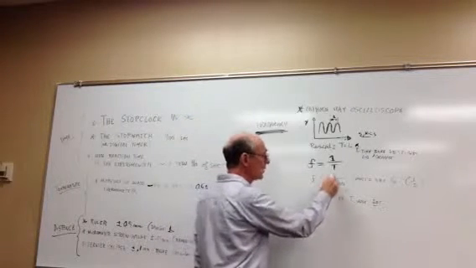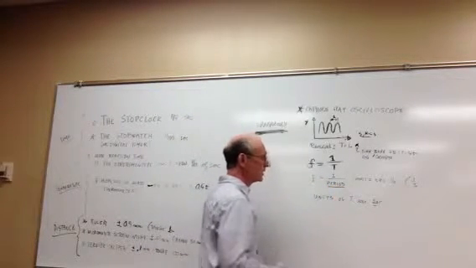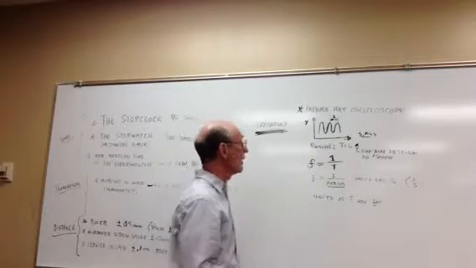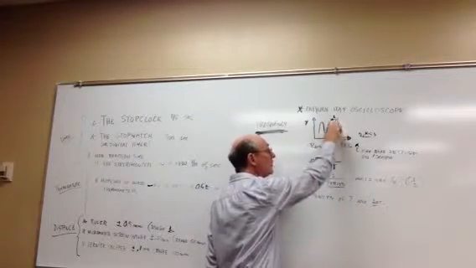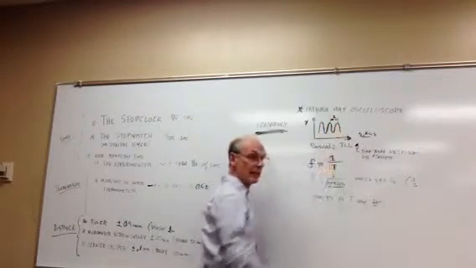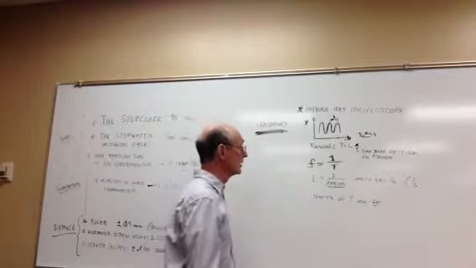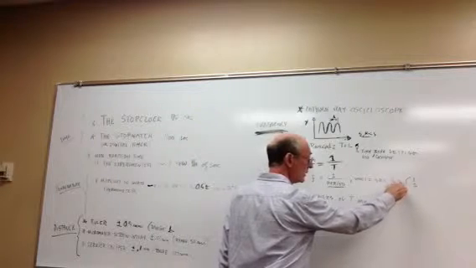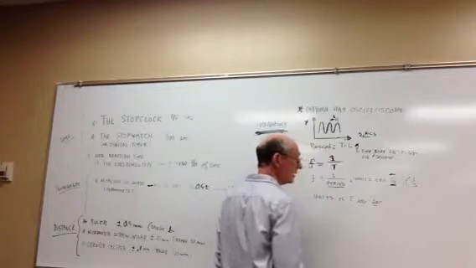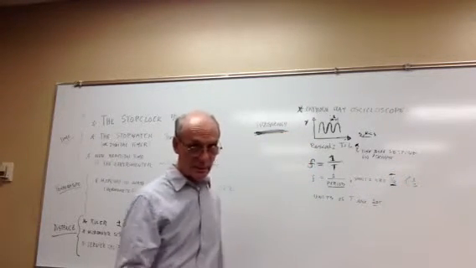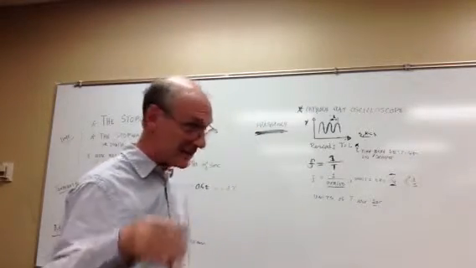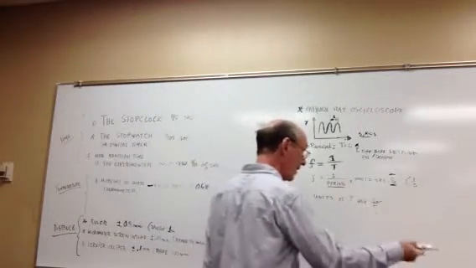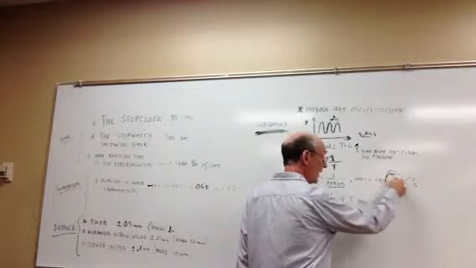So the frequency is 1 over the period of the signal. Why? Because it's periodical, meaning that it repeats itself one after the other. And the units are called hertz. Symbol is Hz. Not Hangzhou, but hertz, Hz.